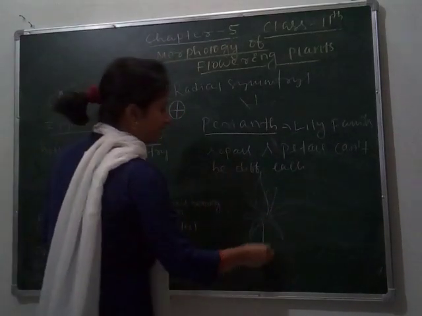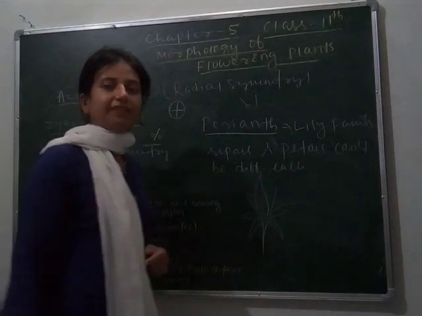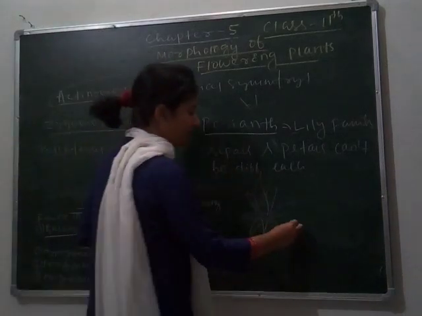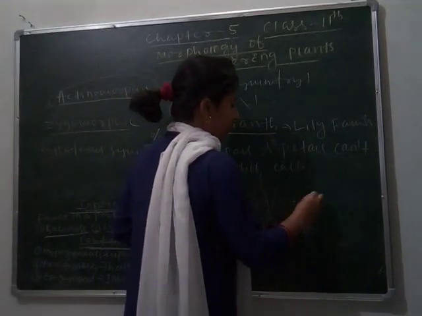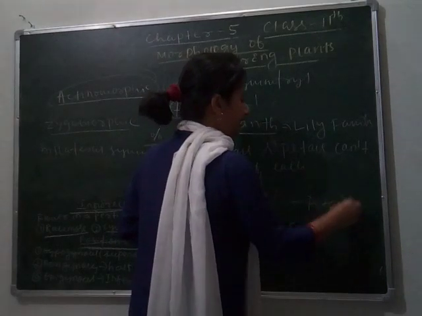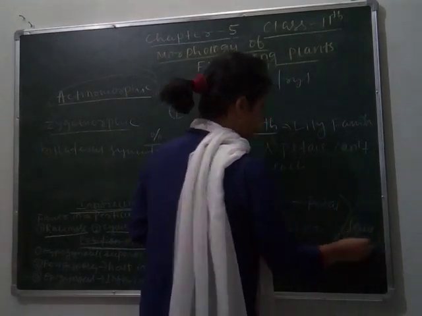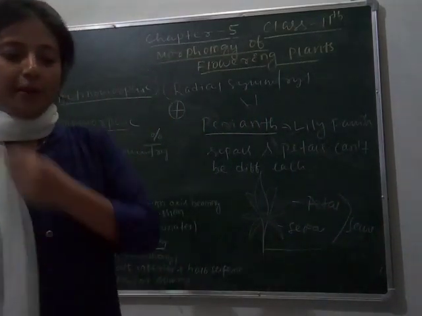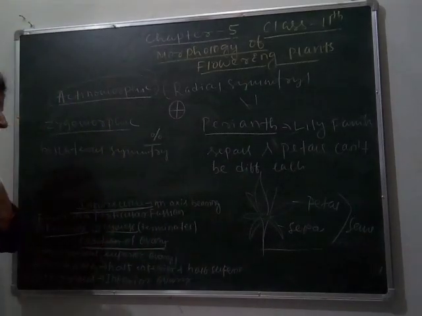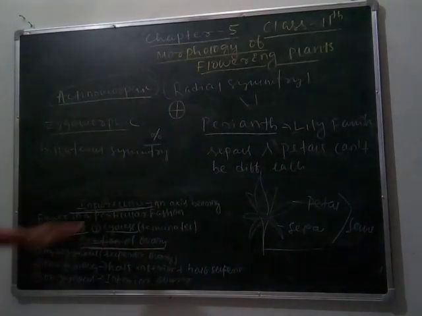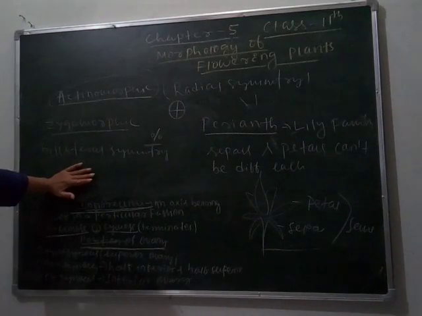You can't differentiate which is the sepal and which is the petal; they are the same. That's why this term is called perianth. Clear? So here I have explained some terms, and in the next class we will study the different parts of a flower.